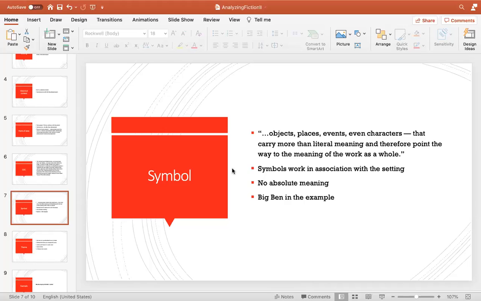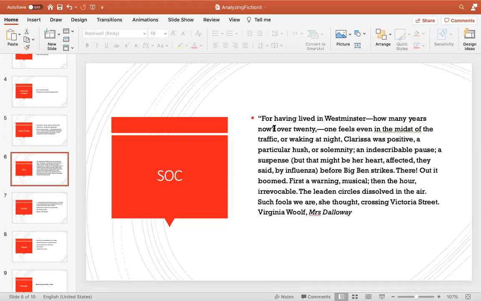So even if I don't explain Big Ben the way I have just explained it, if you imagine the scene which is being created in this quote from Mrs. Dalloway, if you imagine the situation where Clarissa, who is an old lady and whose heart has been affected by influenza and who is weak and who is walking along the street, Victoria Street, and she is all lost in her own thoughts and seems to be contented with the life she has and is thinking about her inner life.